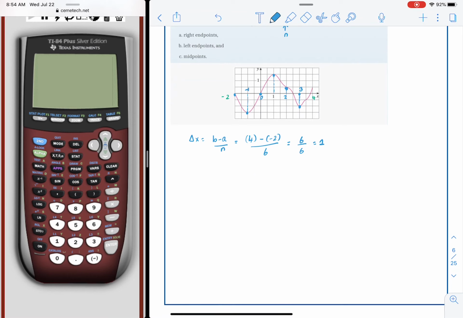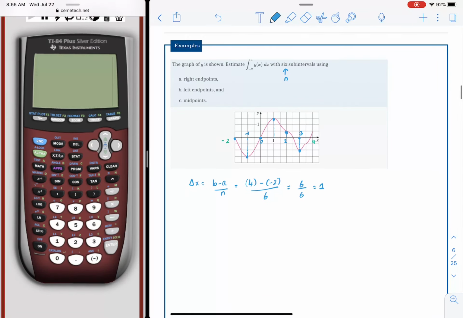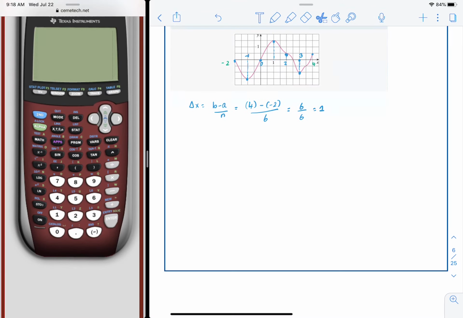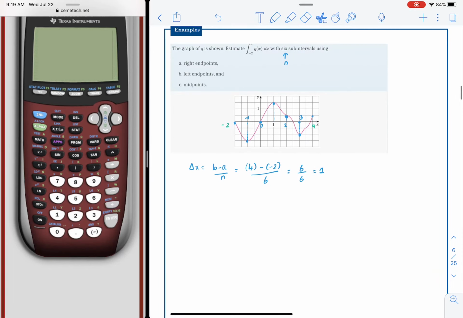Now we have to evaluate the integral using the right endpoints, then the left endpoints. The nice thing about Riemann sums is that we don't have to sketch the rectangles like we did in the previous problem. So here it says we've got to start with the right endpoints.